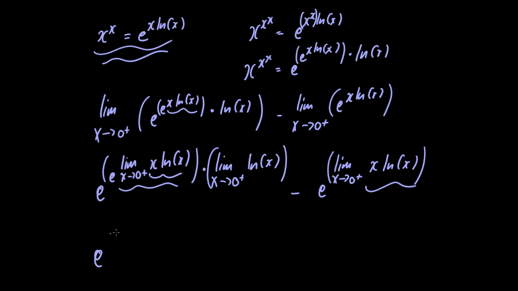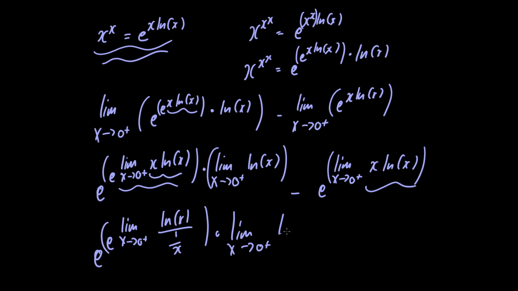So we have e raised to the limit as x approaches 0 from the right of the natural logarithm of x divided by 1 over x, multiplied by the limit as x approaches 0 from the right of the natural logarithm of x, minus e raised to the limit as x approaches 0 from the right of the natural logarithm of x divided by 1 over x.